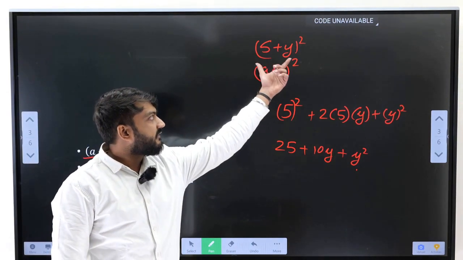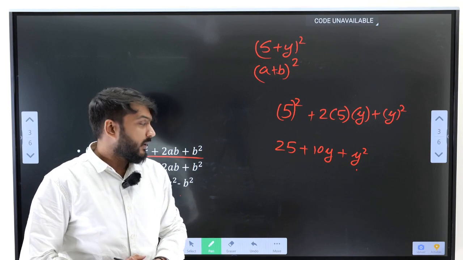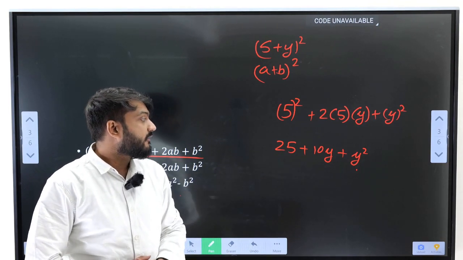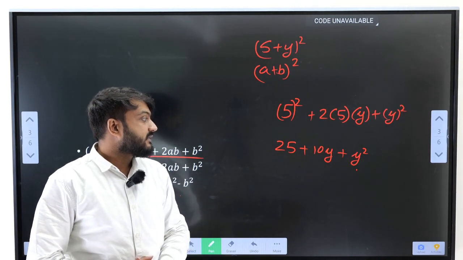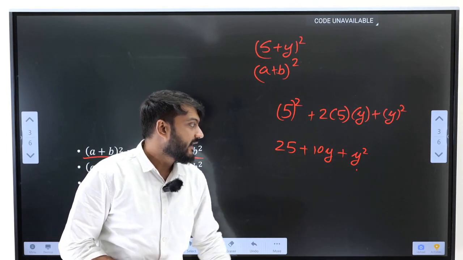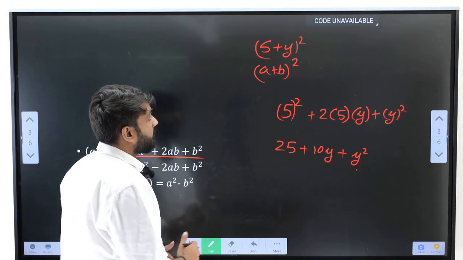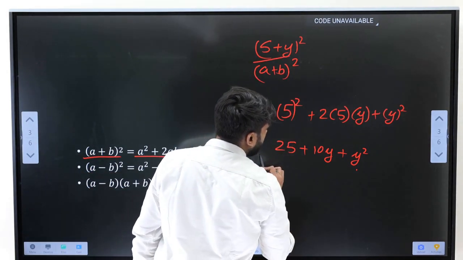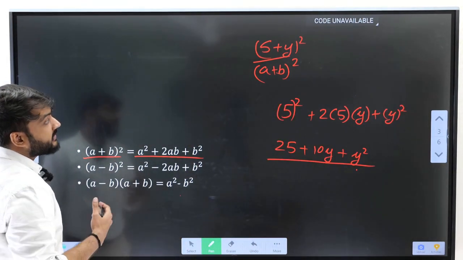If you see from where we started, (a plus b) the whole square or (5 plus y) the whole square, the end product is square of 5, meaning a square, plus 2 times 5 times y, meaning 10y, plus the square of b, meaning y square. So the expansion of (5 plus y) the whole square will be 25 plus 10y plus y square.